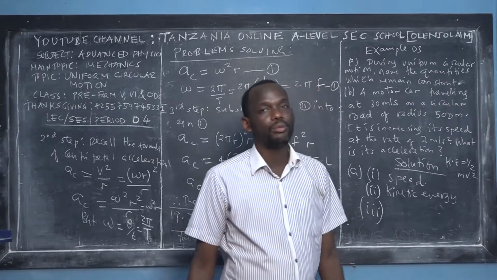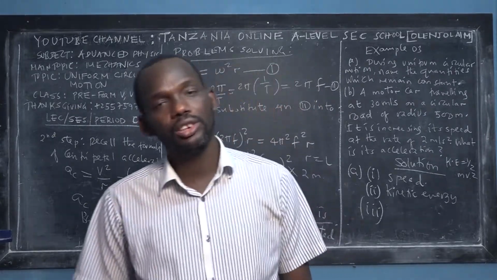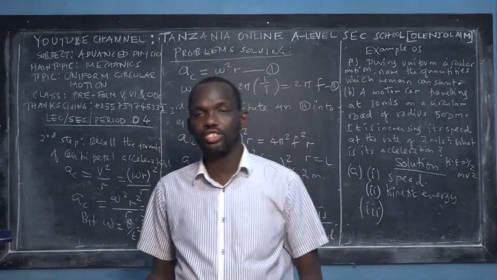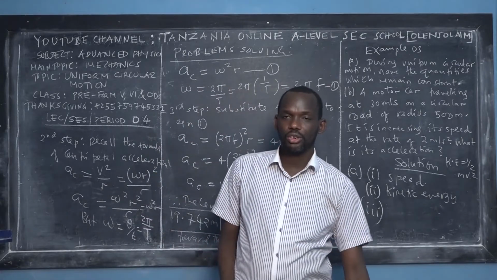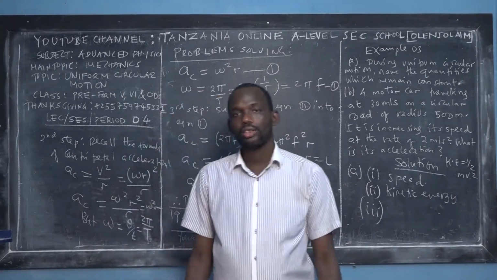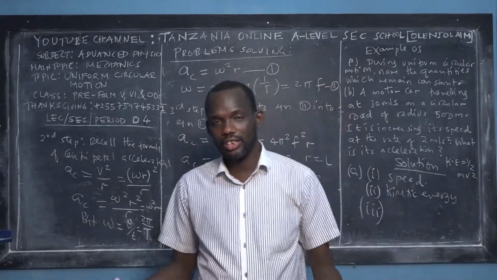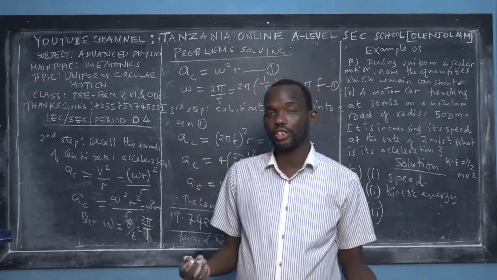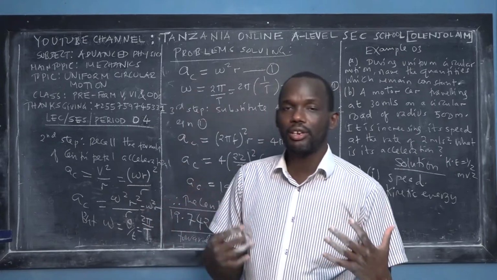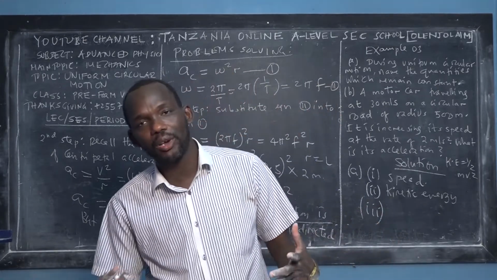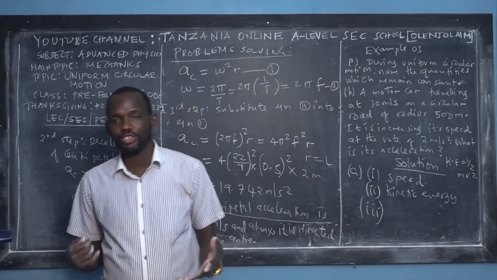Another parameter which we mentioned, but we didn't learn whether it is changing or not, is called the angular velocity. Why angular velocity and not angular acceleration? Because remember, angular acceleration depends on the linear acceleration. When the body moves in a circular path, at every point it is changing direction.